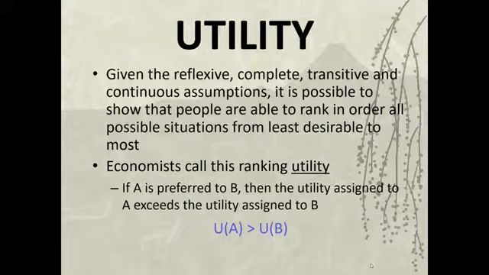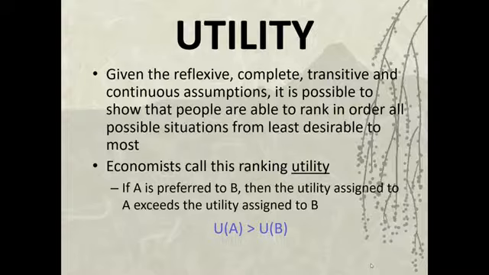In other words, if A is preferred to B, then the utility assigned to A exceeds the utility assigned to B. I prefer A if and only if A has some value which is greater than, or comparably as good as, B. If you say preferred, you are strictly saying there is a clear inequality: A is strictly better than B.